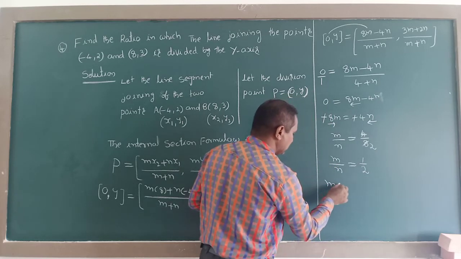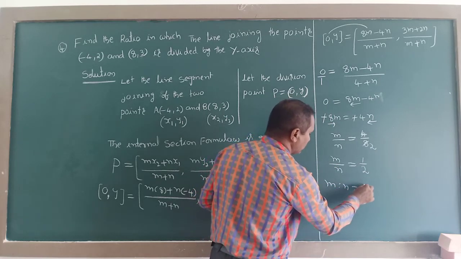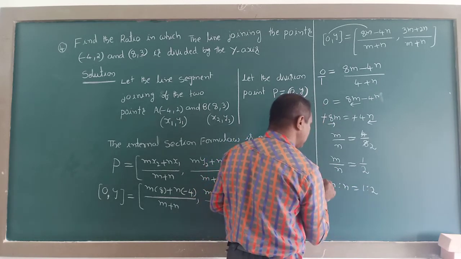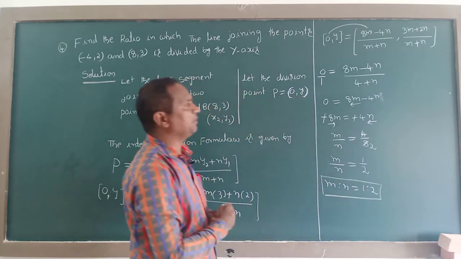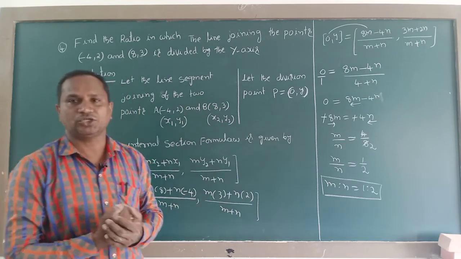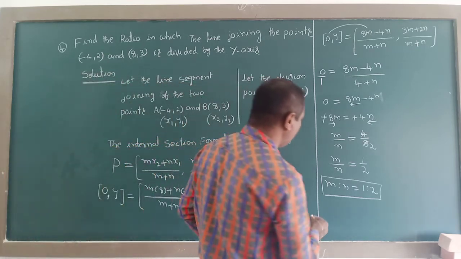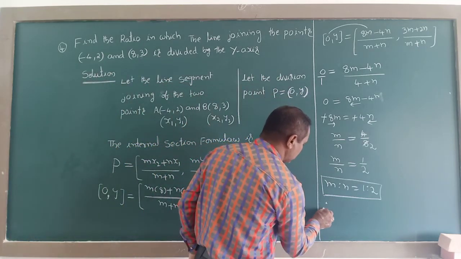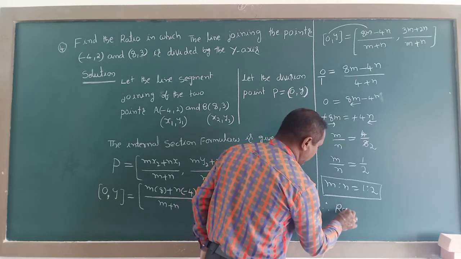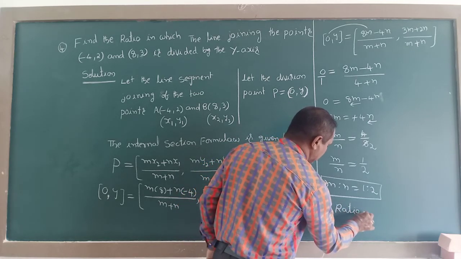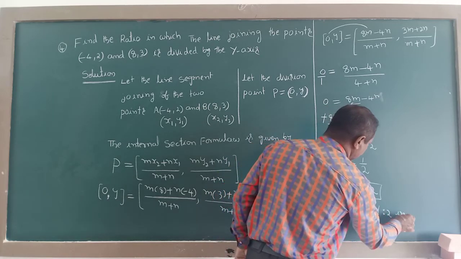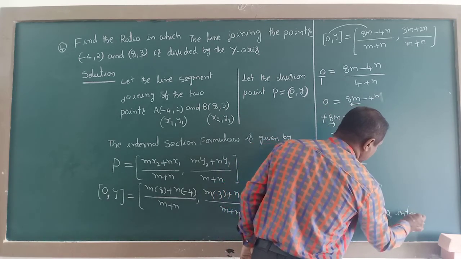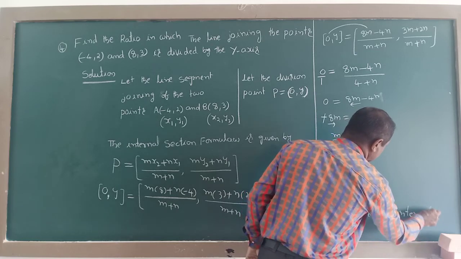That is, m is to n is equal to 1 is to 2. It is the internal case, because we got a positive ratio, 1 by 2. Therefore, the ratio is 1 is to 2 internally.